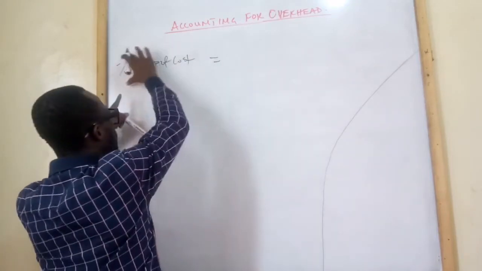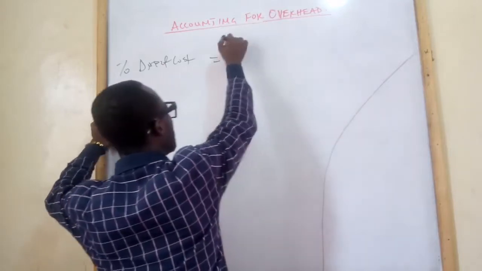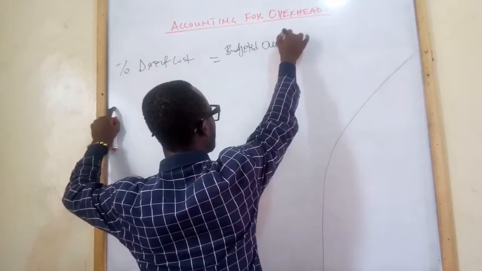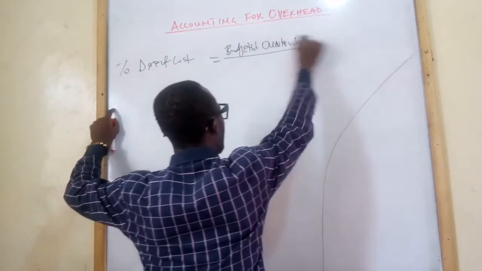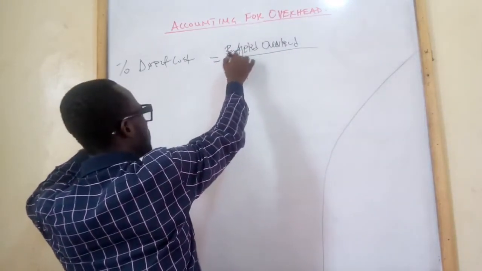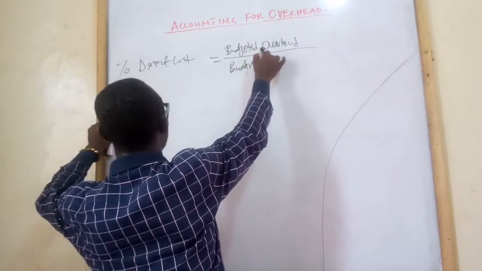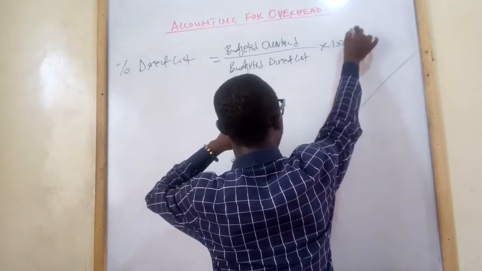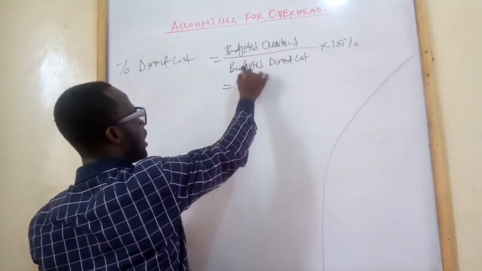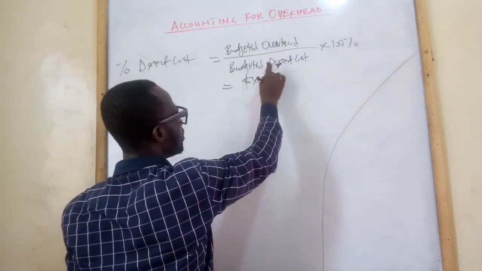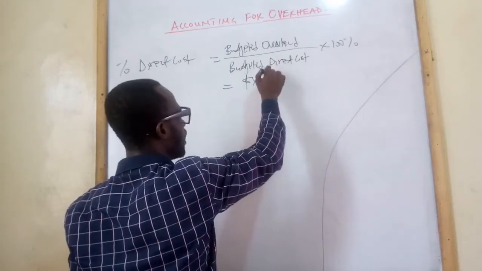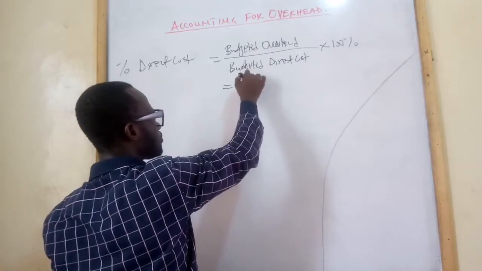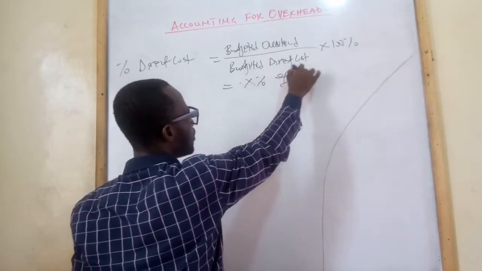So overhead absorption rate based on the direct cost, it's going to be the budgeted total overheads, divided by budgeted direct cost. So we multiply that by 100 and the answer we get will be X, it's going to be a percentage. So X percent of direct cost.